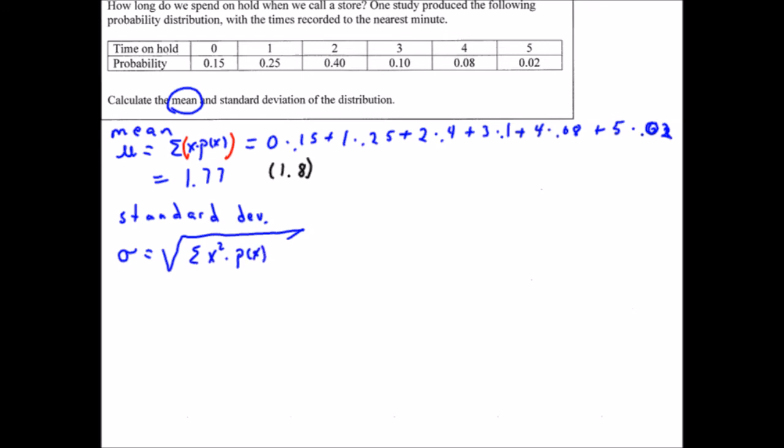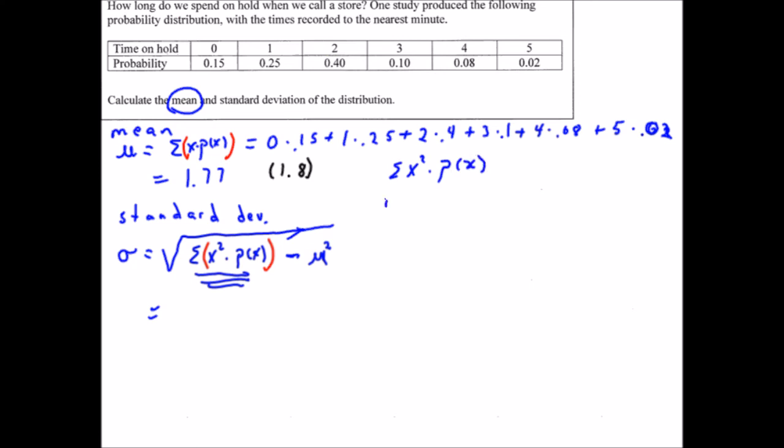And once again, it's square, then multiply for each particular one, minus the mean squared. So that's the formula. Then you have to make your substitution for the sum of the x's squared times their probabilities. That requires coming off to the side and making a separate calculation.